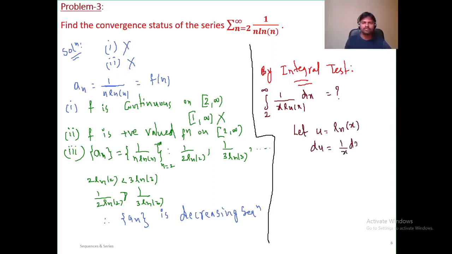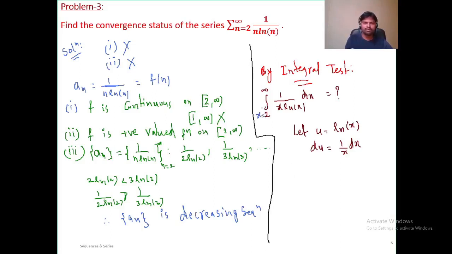Then you modify the problem, and accordingly you apply the upper and lower limits. The old limits are x equal to 2 to x equal to infinity.